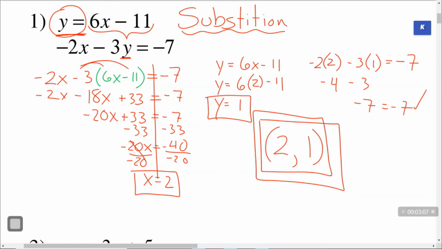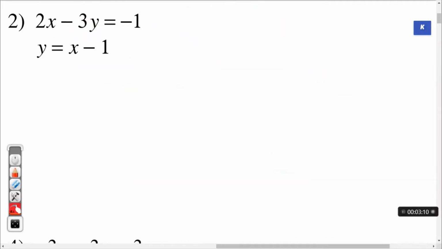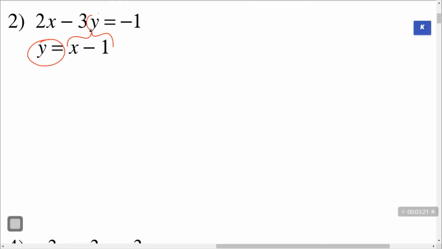Let's check out another one. All right, pause the video on number 2. Go ahead and try it. Now that you're coming back in, let's work it out. I see y equals, so that's what I'm going to replace in the other equation, giving me 2x minus 3 times x minus 1.